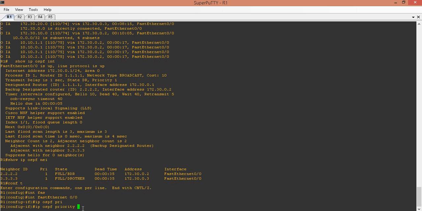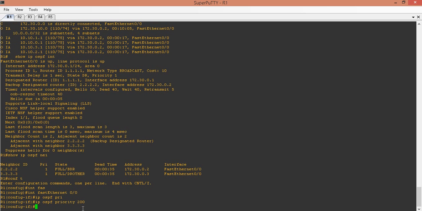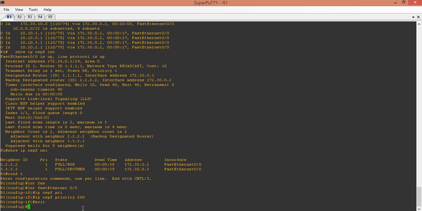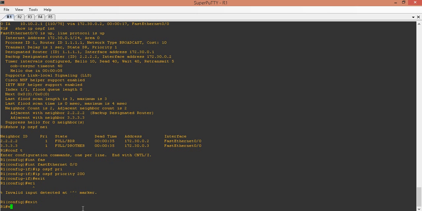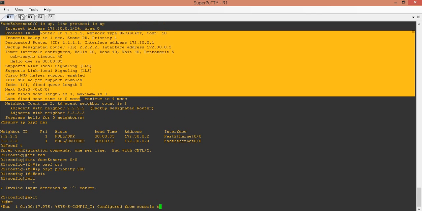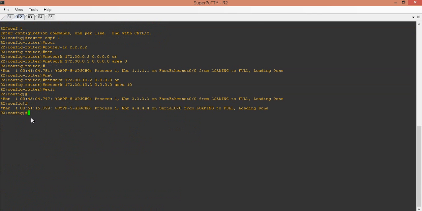I'm going to give it 200 here. Okay, exit and save. Then on router 2, I go into interface FastEthernet 0/0, ip ospf priority.